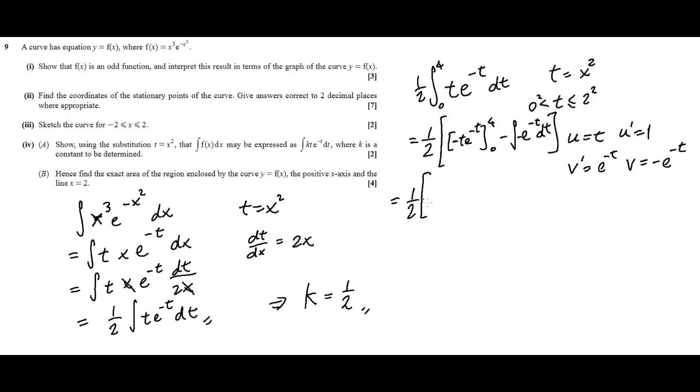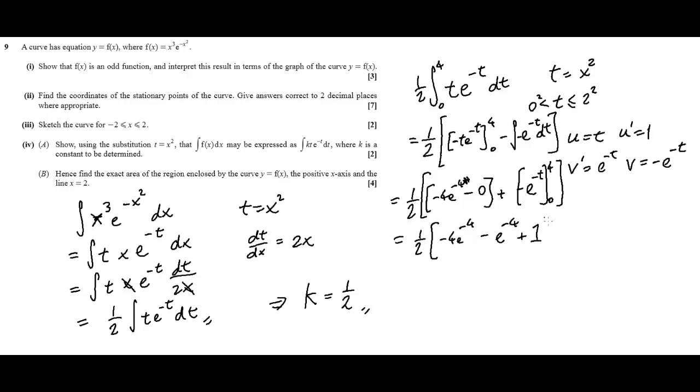First, this is minus 4 e to the minus 4, then you take away 0 because 0 times e to the 0 is still 0, then you add a negative e to the minus t between 4 and 0, which should give you minus 4e to the minus 4, take e to the minus 4 plus 1, because e to the 0 is 1 and minus minus 1 is plus 1.